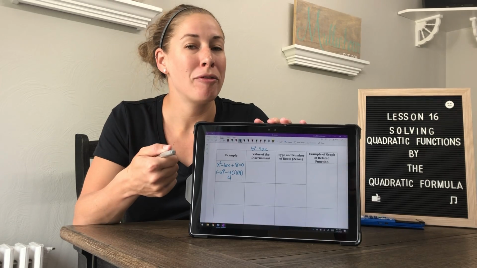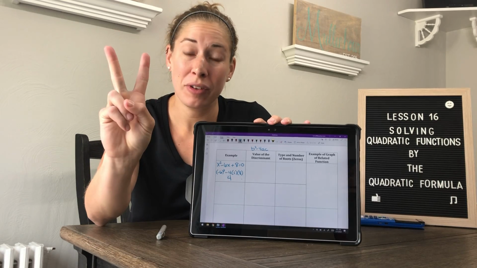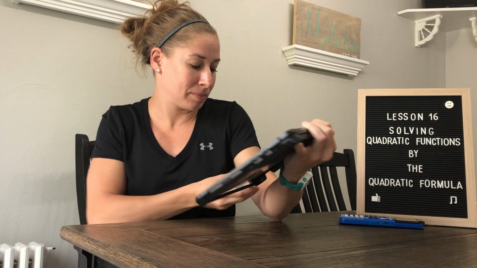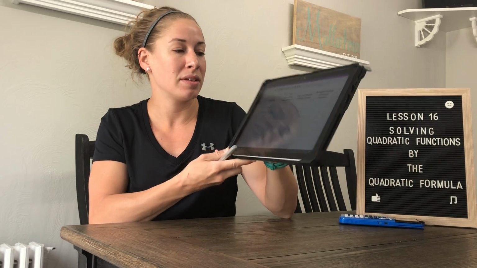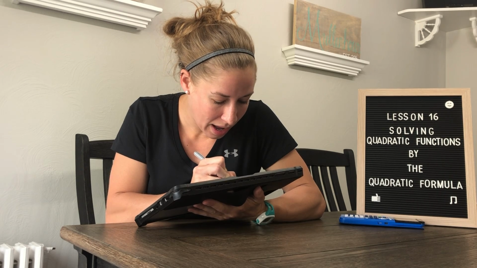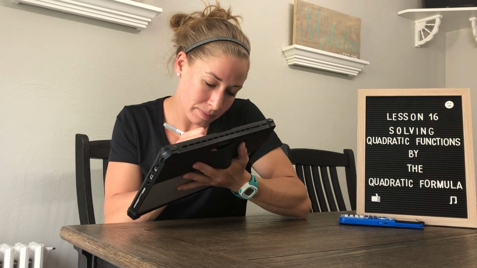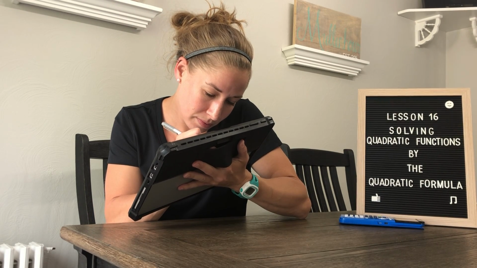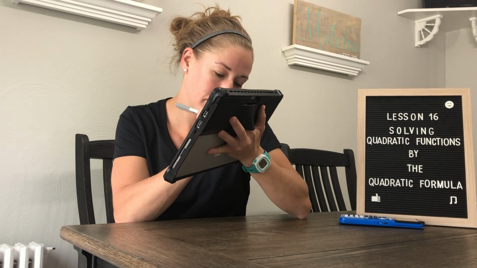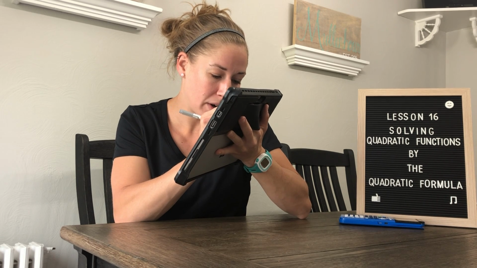What's special about 4? Two things. It's positive, and it's a perfect square. That is important to note: the value of this discriminant, b squared minus 4ac, is greater than 0, so it's positive, and a perfect square.